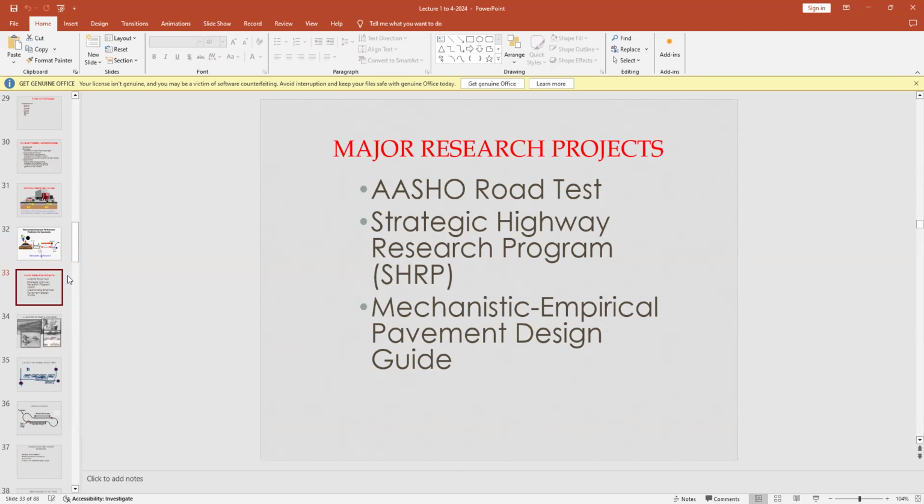Then in the late 90s, 97, 98, we have what is called the SHARP project, SHRP, the Strategic Highway Research Program. On the basis of the strategic highway project, they came up with what is called mechanistic empirical pavement design, right? And actually, SHARP has changed everything.